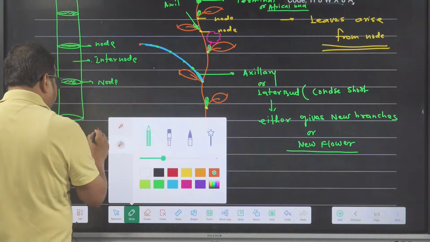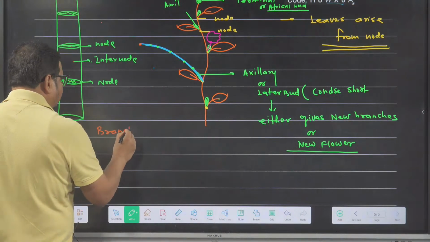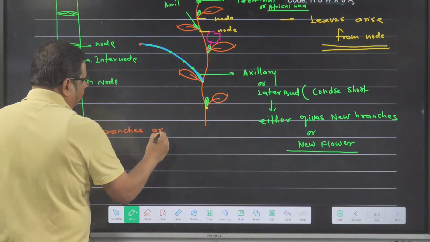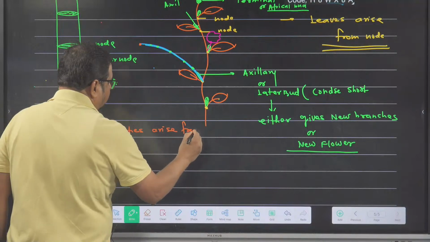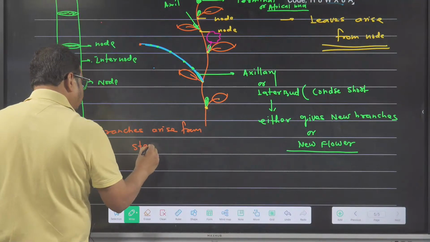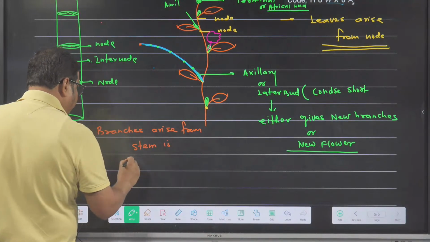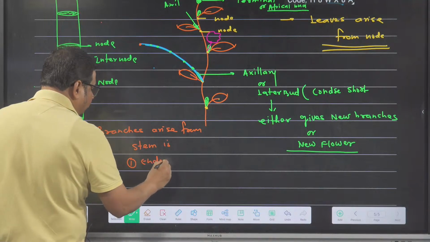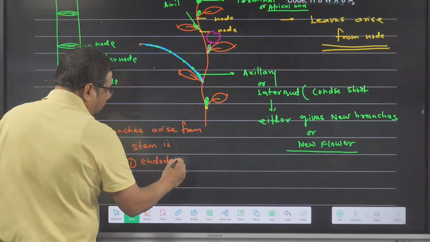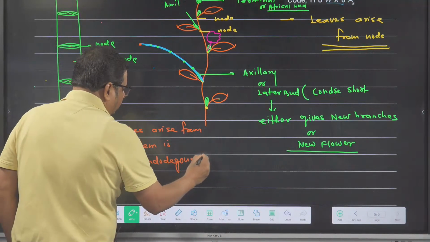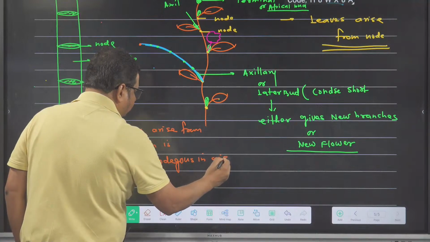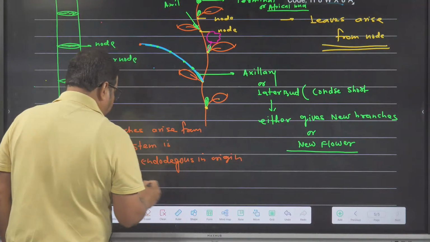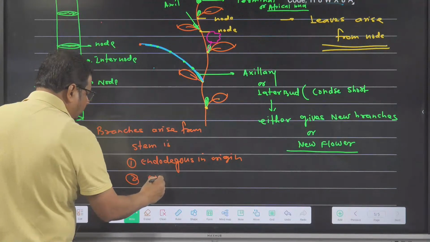I am asking, branches arise from stem is, option I am giving, endogenous in origin. Second option, exogenous in origin.